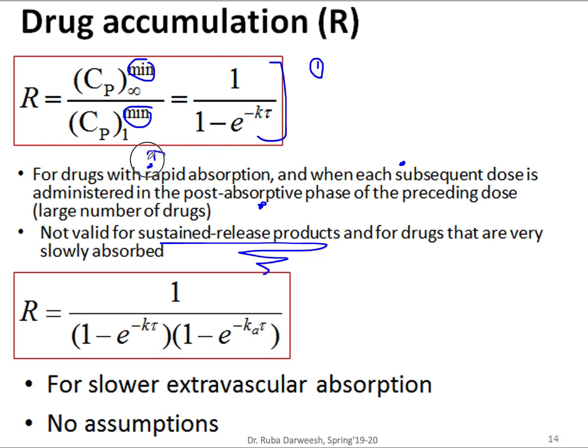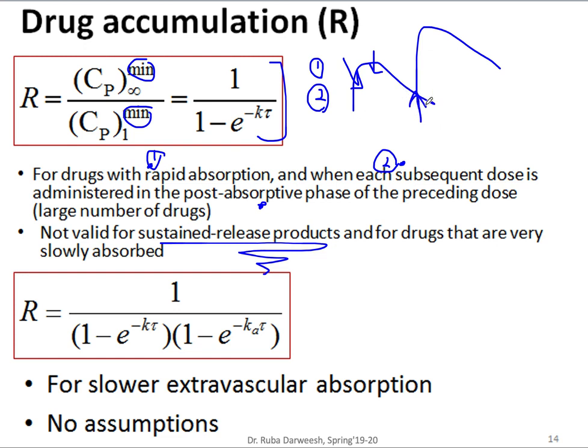This is one. And two, we need to have each dose given in the post-absorptive stage of the dose before it, which means we have this, and I'm giving the dose here. For sure, we are not giving the second or subsequent dose here, which is again the case for almost all multiple doses: we are giving the drug in the post-absorptive phase.